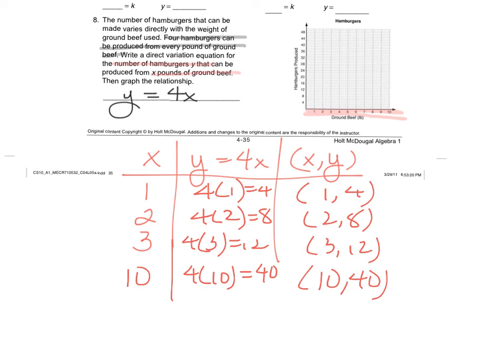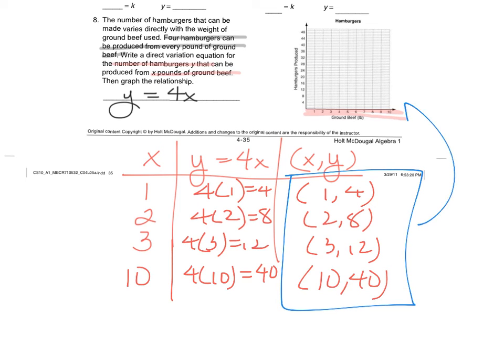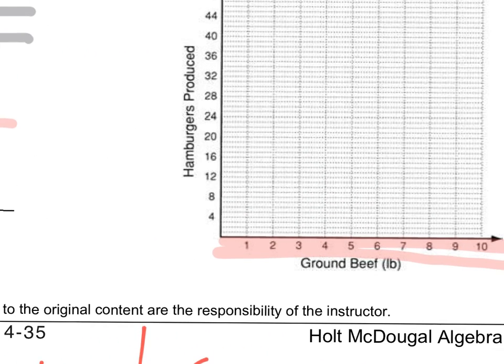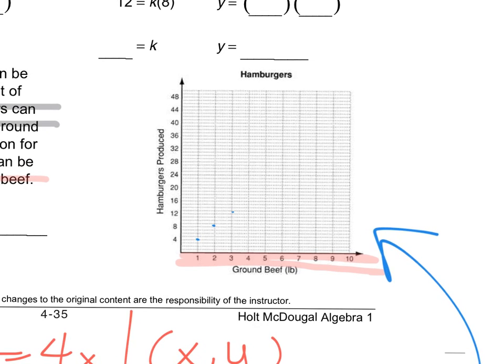And then you'll take these ordered pairs and you're going to graph them on the graph. So we'll go ahead and graph 1 and 4, 2 and 8, 3 and 12, and then 10 and 40.